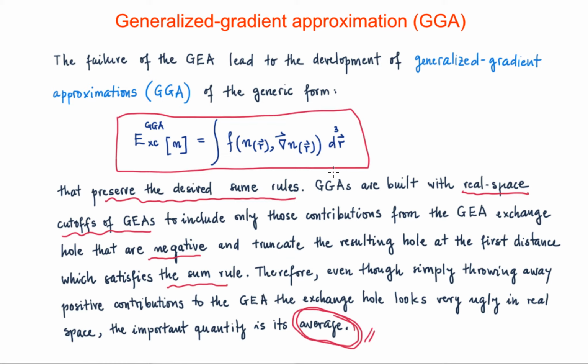And of course, the way of introducing these cutoffs and building the GGA approximation from the GEA approximation is very different. There are different parametrizations of the GGAs, just as there were different parametrizations of the LDA approximation.